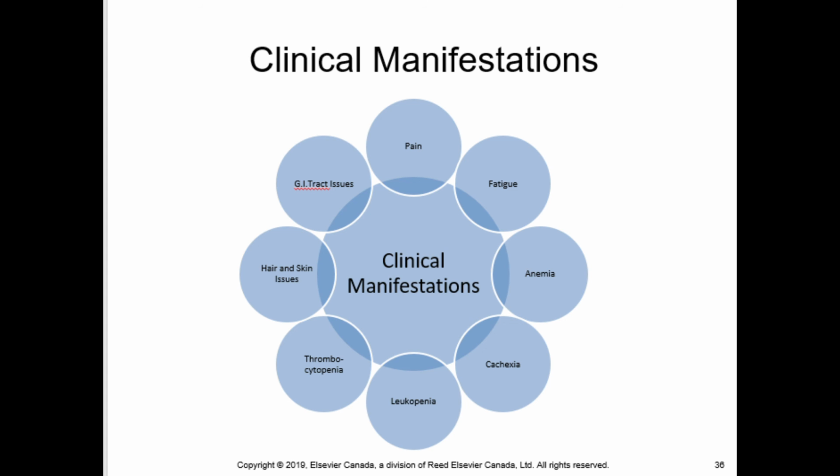Leukopenia and thrombocytopenia occur with direct tumor invasion to the bone marrow. Certain chemotherapy medications may also be toxic to the bone marrow.